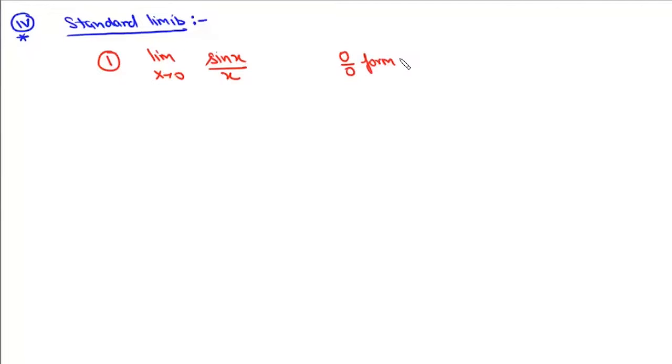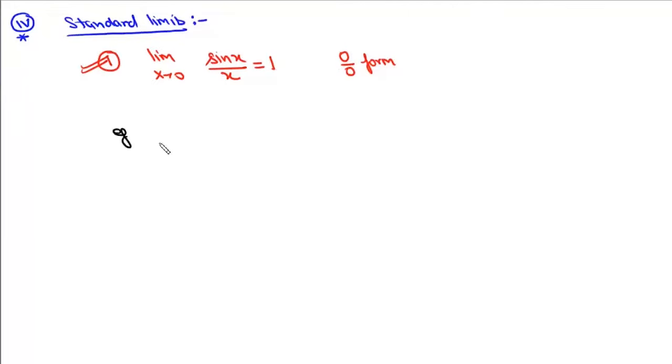Now the standard limit says if we have this limit x tends to 0 sine x upon x, which is 0 upon 0 form, then value of this limit is 1. We'll prove this limit in a while when we'll study sandwich theorem or squeeze play theorem. So as of now, we are going to just take this as standard result. So wherever we are going to see sine x upon x, which is 0 upon 0 form, we are going to use this standard limit as 1.